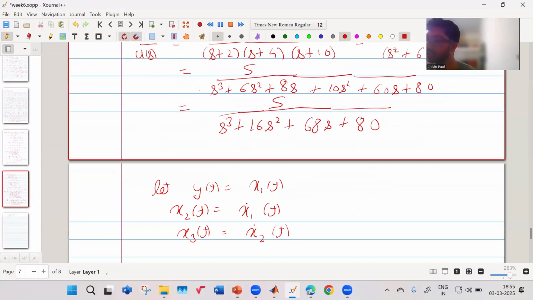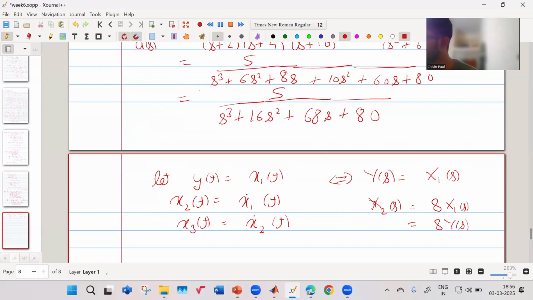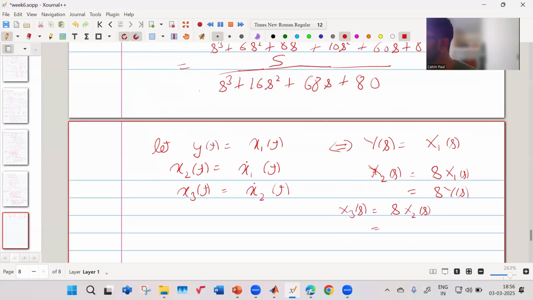So what does this mean? In Laplace, y of s is equal to x1 of s. Then x2 of s is equal to s into x1 of s, so that is s into y of s. x3 of s is equal to s into x2 of s, that is equal to s square into y of s.